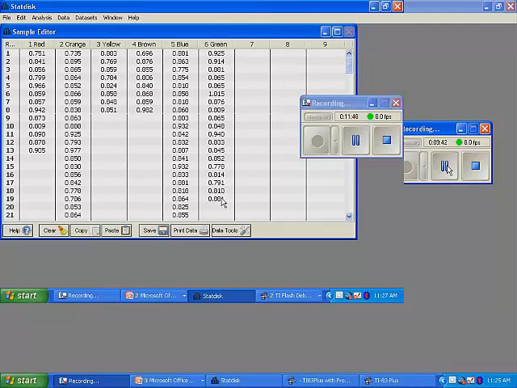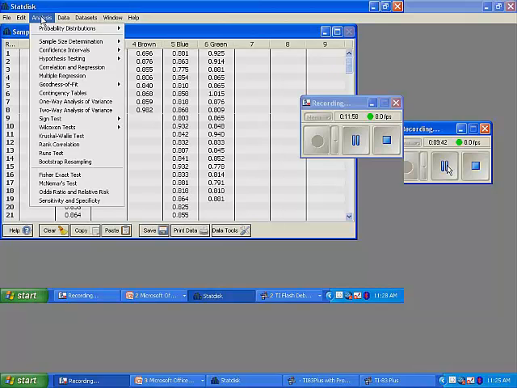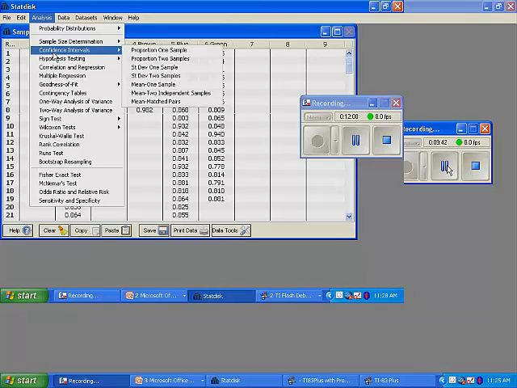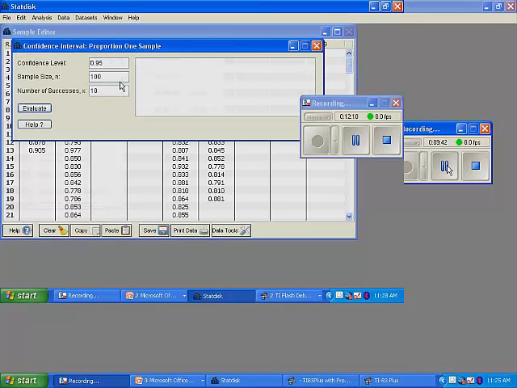So what if you want to do a confidence interval test on that? Well, it does all of it. Watch this. If I click on analysis up here, I can go down to confidence intervals. And if I say I want a confidence interval for the proportion of a sample, now it asks me just a few simple questions.